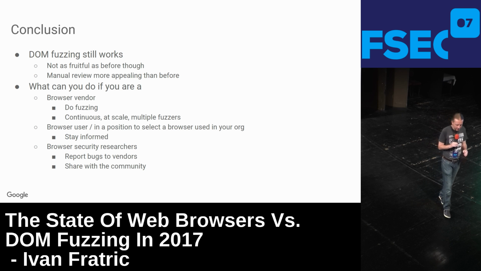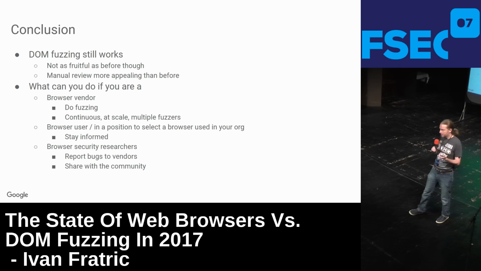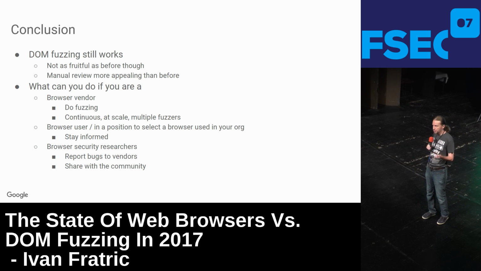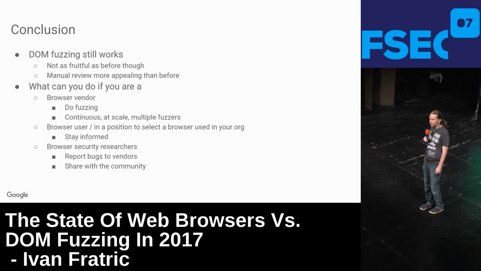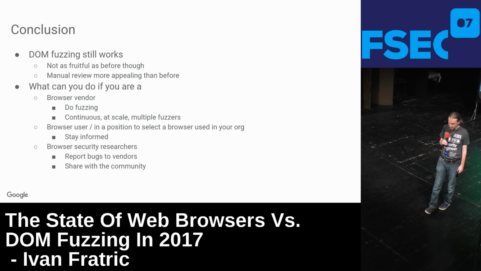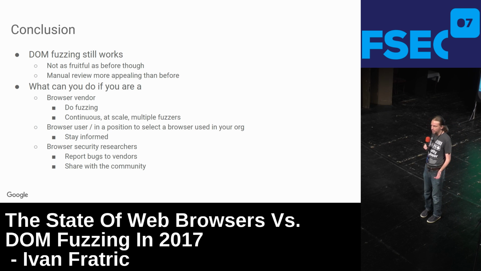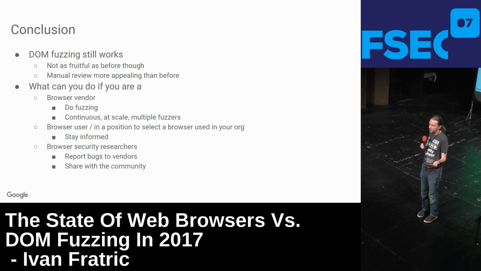And I think this is an area where the security community can do a better job by sharing that kind of information. And of course, if you are a security researcher, you can help by reporting bugs to the vendors. And as I said, my fuzzer is getting open sourced, so feel free to play with it, feel free to modify it. And if you find something that enables you to find more bugs, please report them to the browser vendors.